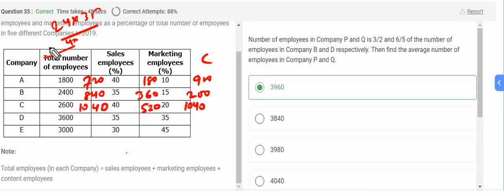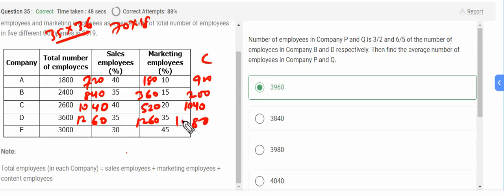So no need to make redundant calculations, because we have already found the 40%. Okay, 35%, so 35 into 36 will be 70 into 18, which is 1260. So again 1260, because we have already calculated 35%, and the rest 30% will be 1080.